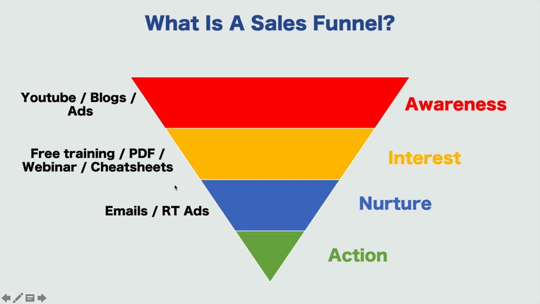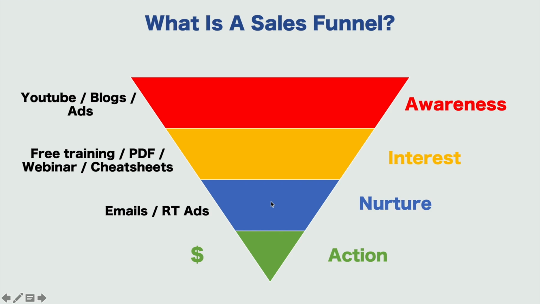And once you do that, you're going to go to the last step, that is the action, where basically you make that person buy from you, to get your service, to get your product, whatever you're trying to sell. So let's recap a little bit. Awareness, just to let people know who you are, what you do, and how you can help them. Interest, provide something for free in exchange for that person's email address.